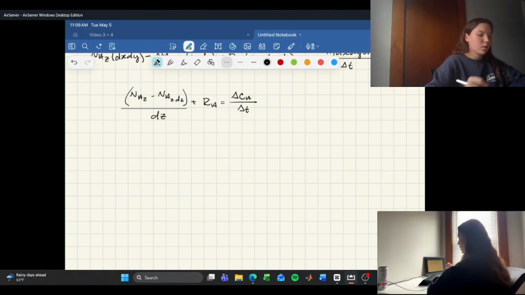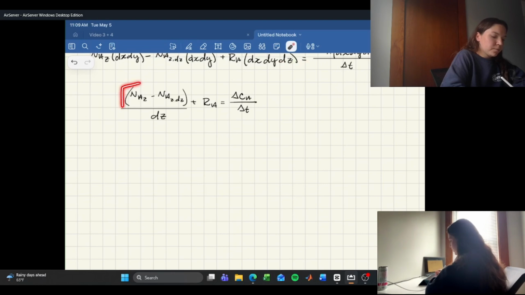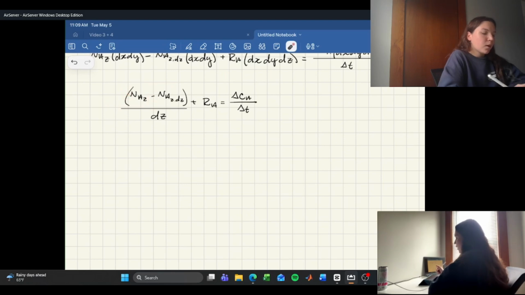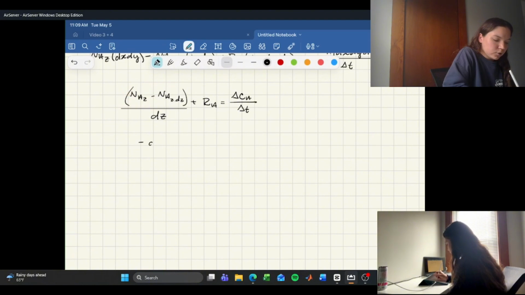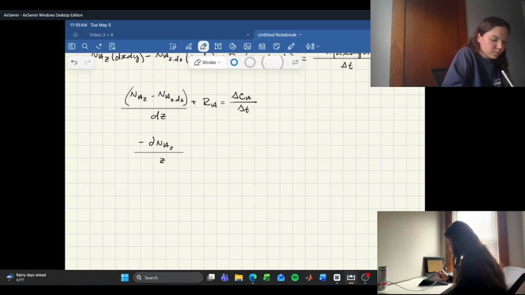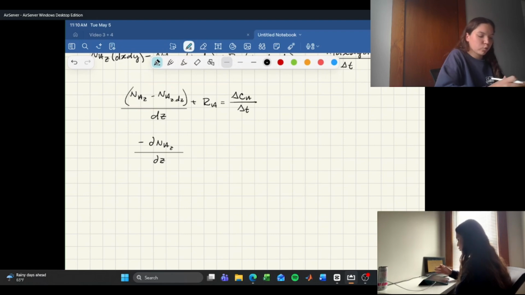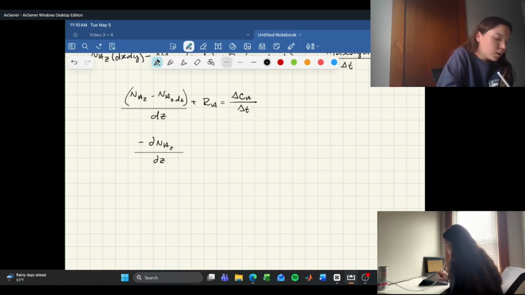Okay, and then this term up here, if we factor out a negative, make that a negative, make that a positive, that's going to be the same as negative the change in the molar flux in the z direction over the change in position. I'm just doing it this way because it's simpler.